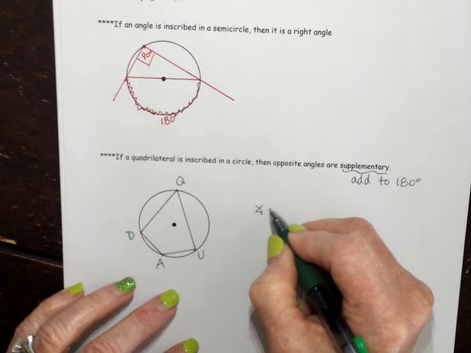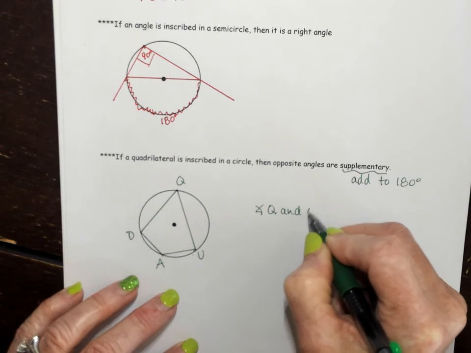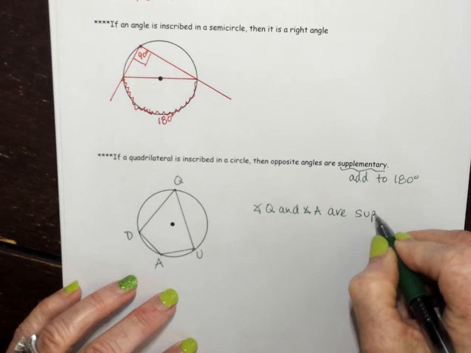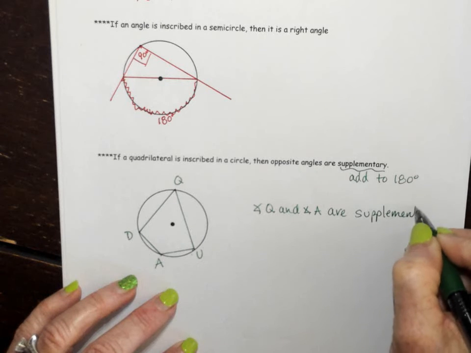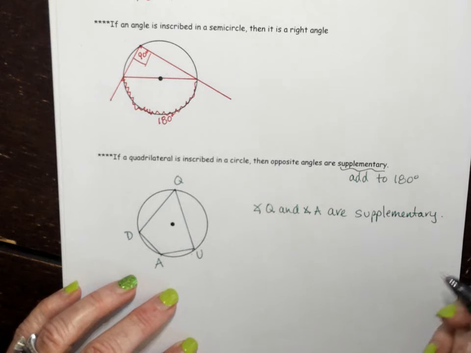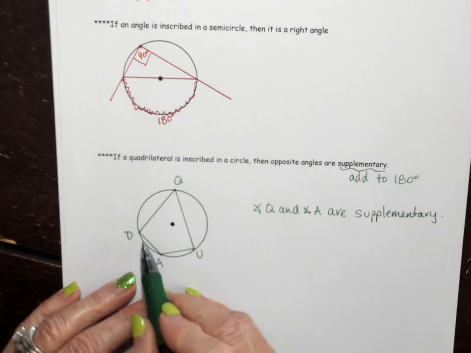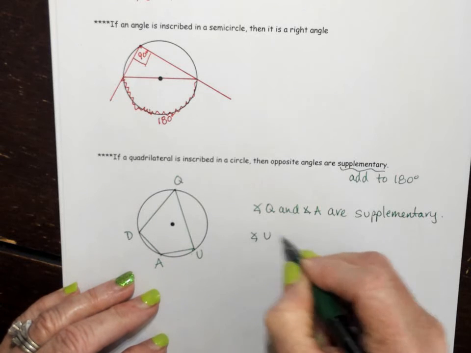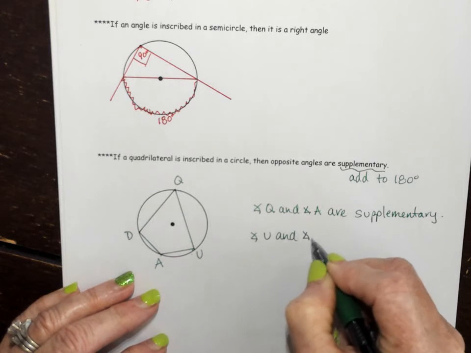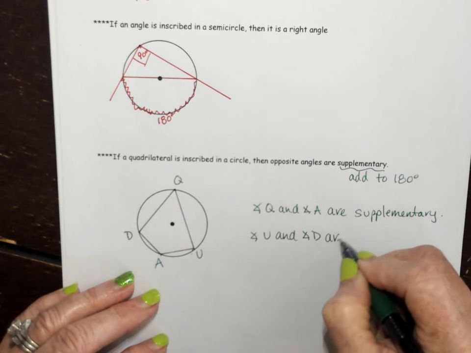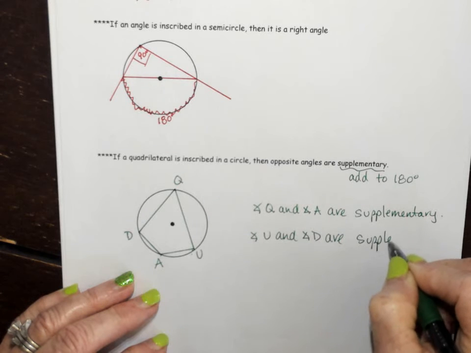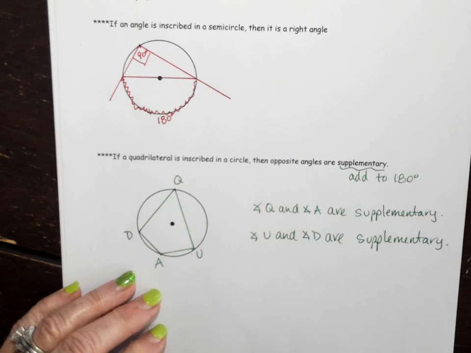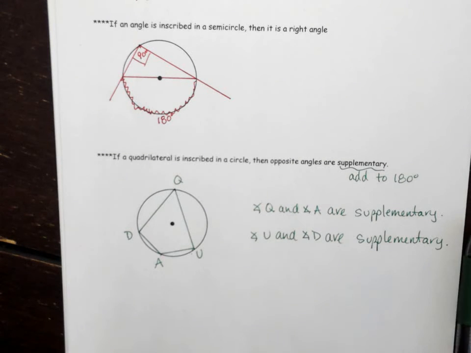So angle Q and angle A are supplementary. They add to 180 degrees. Also, angle U and angle D. Okay, so opposite angles add up to 180 degrees.